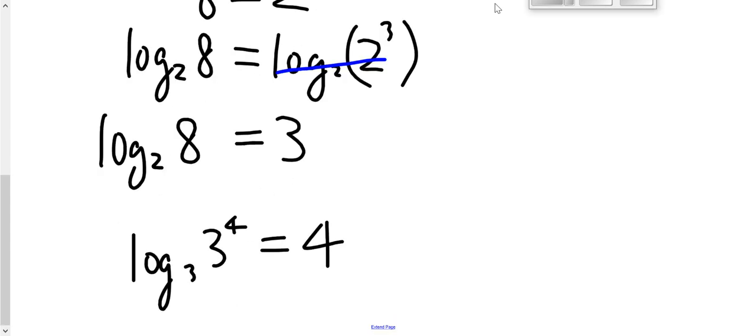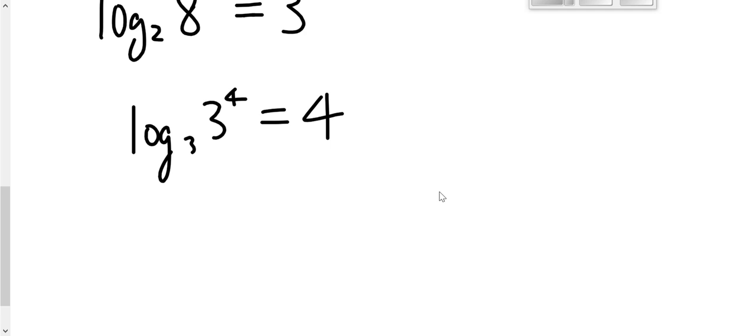So if your graphing calculator doesn't have this handy base function, I mean base of a log, then never mind. Let me use a different color here. So let's do it here from scratch. Log base 3 of 3 raised to the power 4.